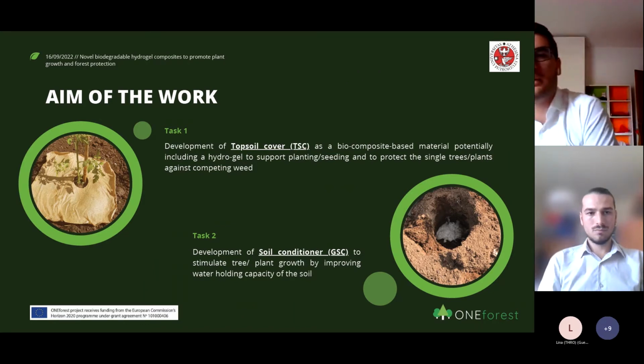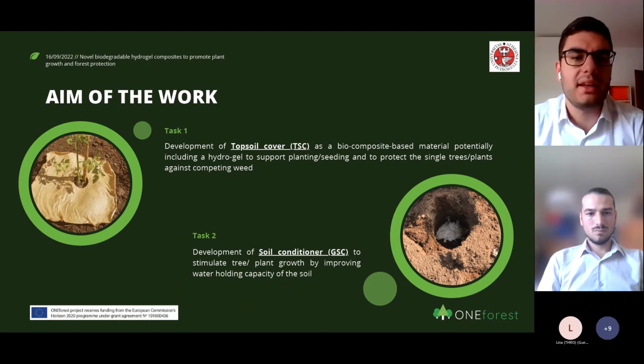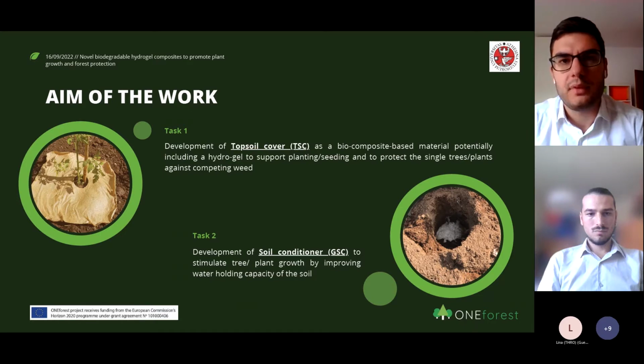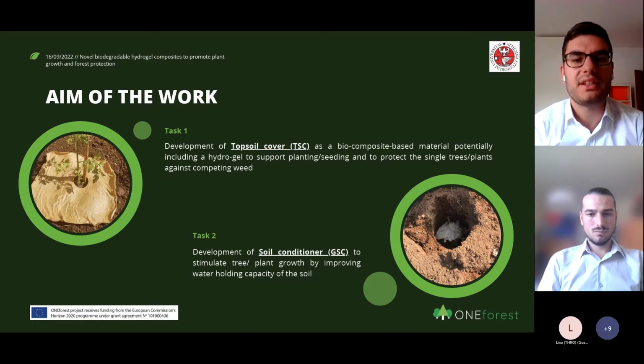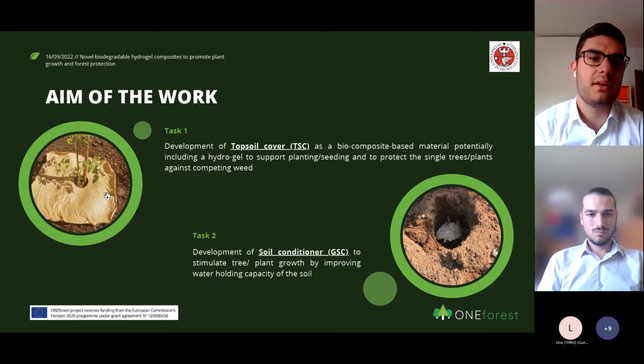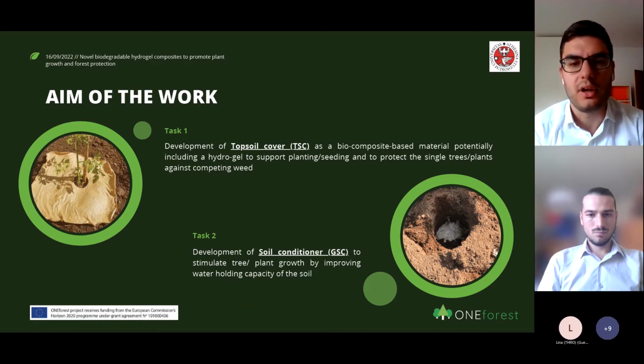So after many attempts and studies in our lab, we found a very interesting biopolymer that can satisfy all these requirements and can be used both as a topsoil cover and as a soil conditioner.